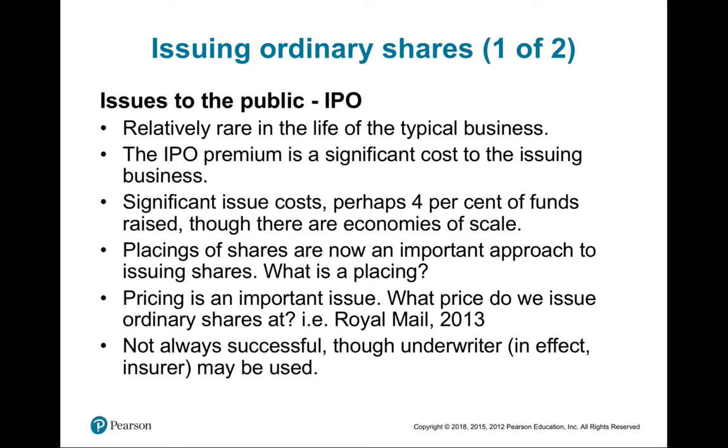If a business is conducting an IPO, it's not sure what price it should be selling its shares at, and it's not 100% confident that all of the shares will be sold, implying it won't raise all the finance it requires, then it can use an underwriter to guarantee that any shares that aren't bought will be bought by the underwriter. But again, there's a cost that comes with this. So it's businesses weighing up these costs and benefits.